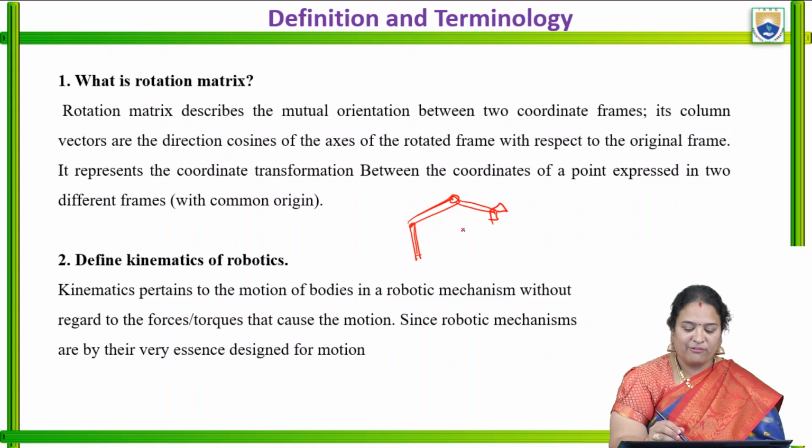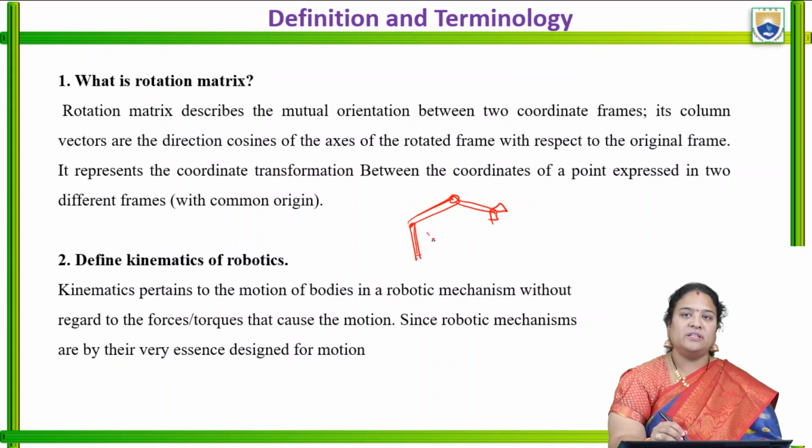For example, when we take this type of axis and consider three axes x, y, and z, one is moving at an angle theta, this is moving at an angle alpha, and this is moving at an angle psi.